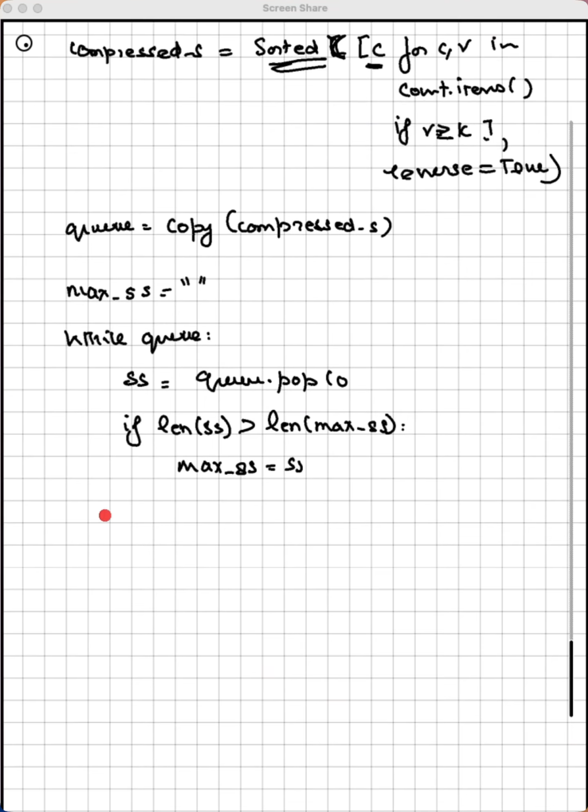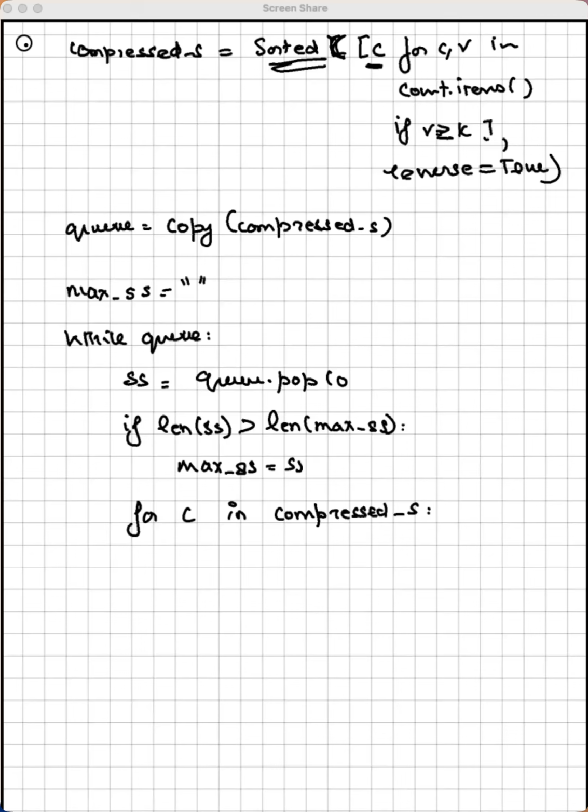Now for C in compressed S, for all of that compressed sorted string that we have taken, if I got, let's say, LE, then I add all of these possibilities.